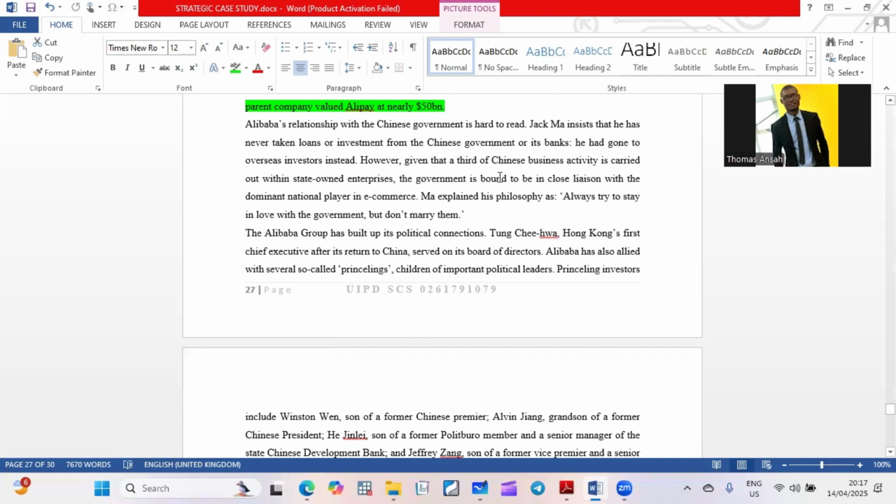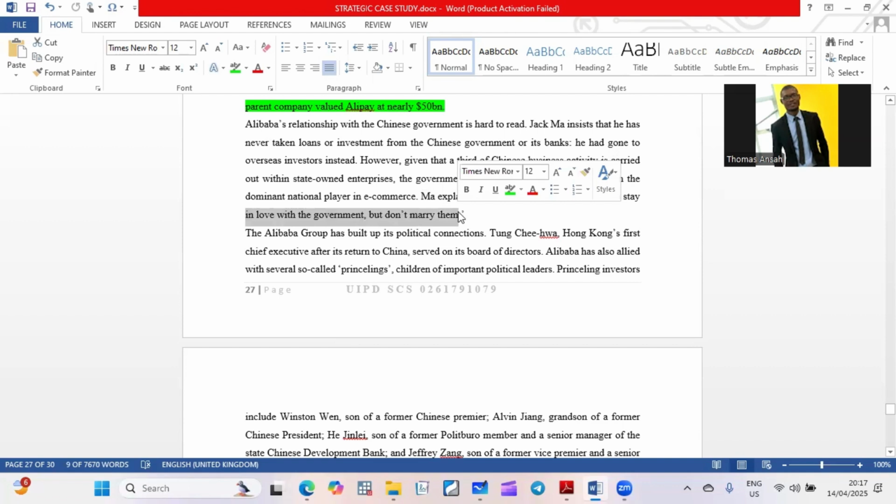Okay. And it says that Ma explained his philosophy as: always try to stay in love with the government, but don't marry them. It speaks to the whole thing that we have read. Alibaba has built its political connections.